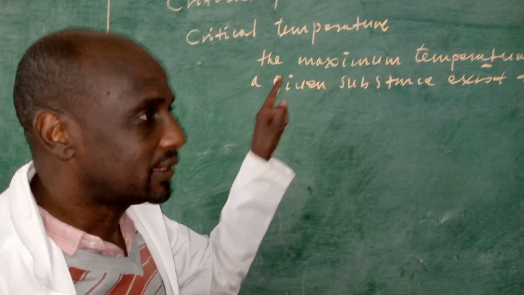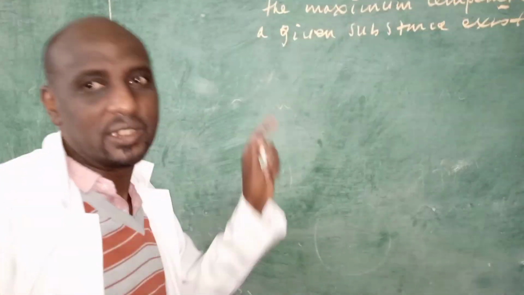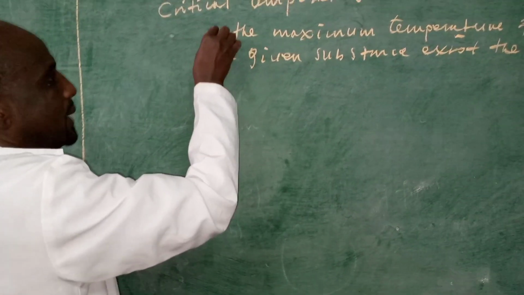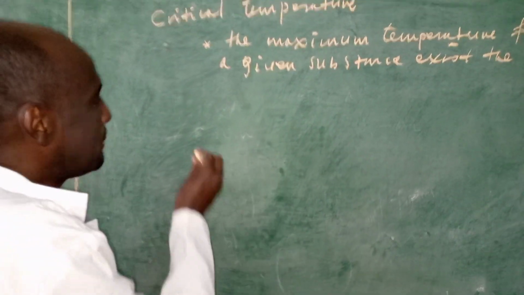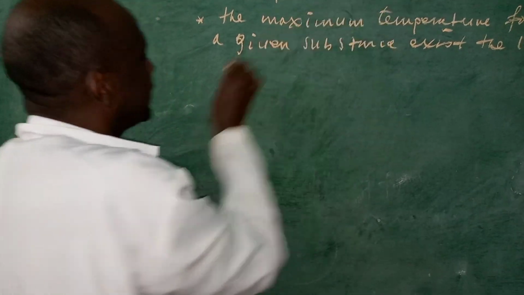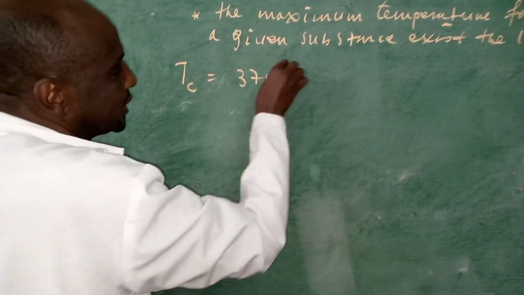If the temperature is above this critical temperature, the substance will never condense back to liquid. It will never condense back if the temperature is above the critical temperature. For example, the critical temperature for water is 374 degrees Celsius.